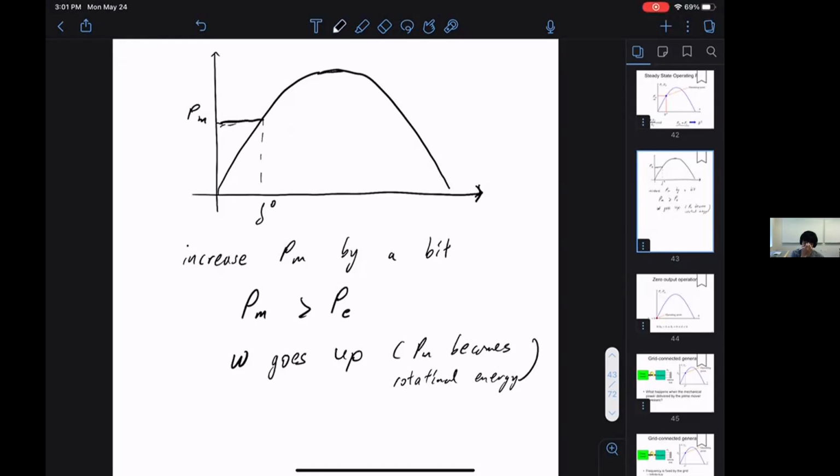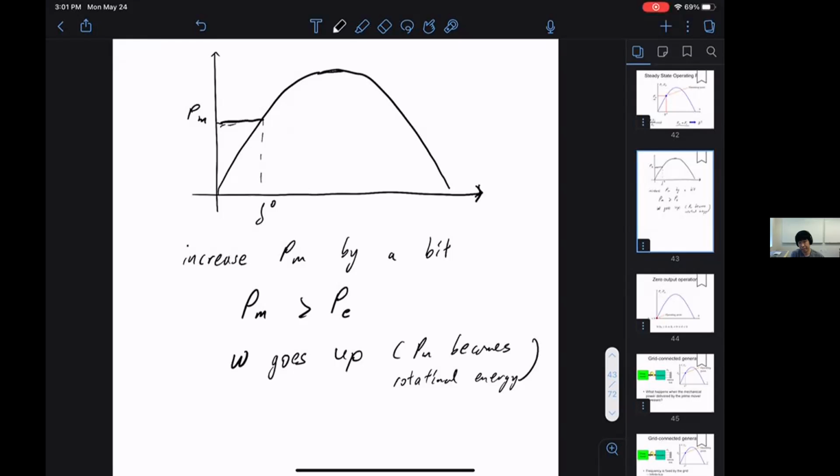Then, as the frequency goes up, what happens to the angle? What is frequency actually? How is frequency related to the angle? How is omega related to delta?